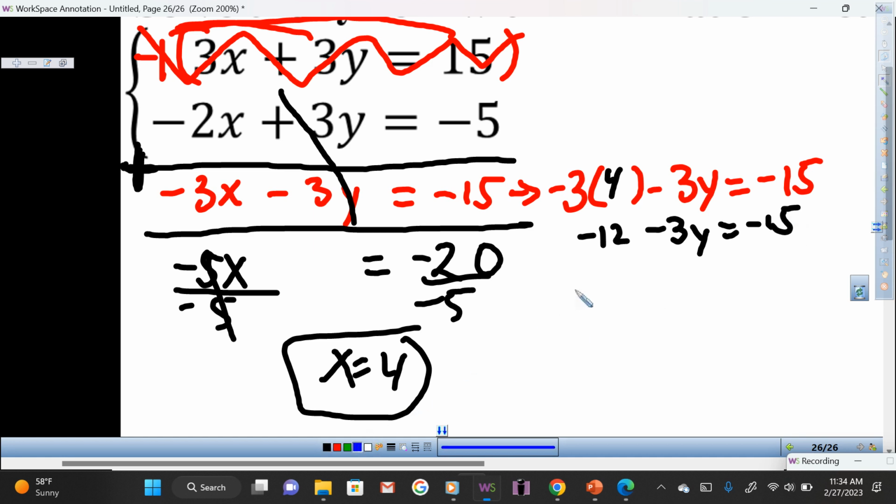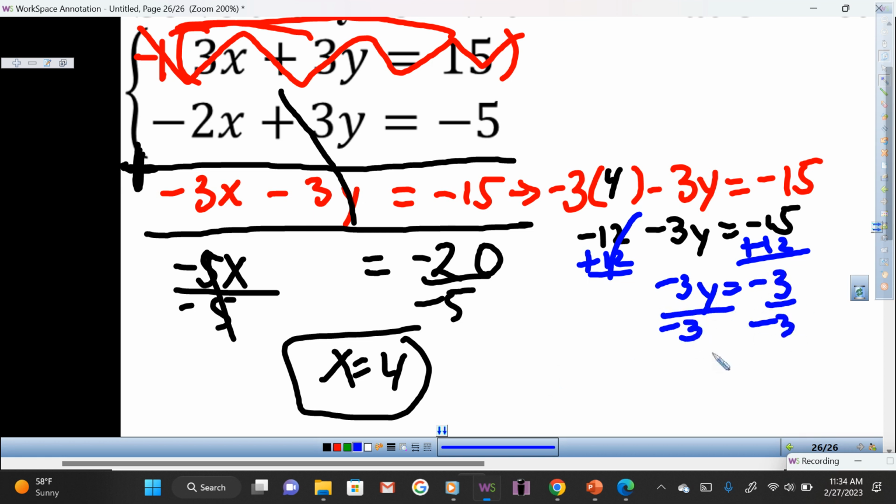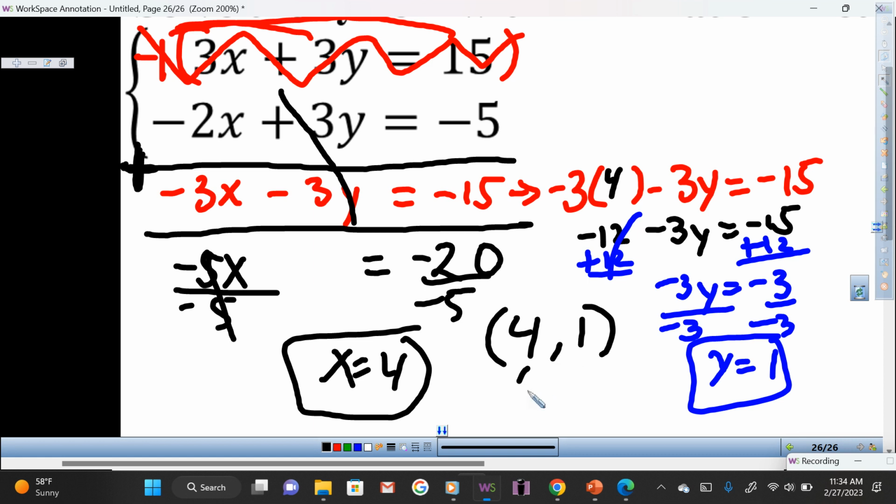And we solve. Plus 12, plus 12. Negative 3y equals negative 3. Divide by negative 3. y equals 1. So my solution, 4, 1.